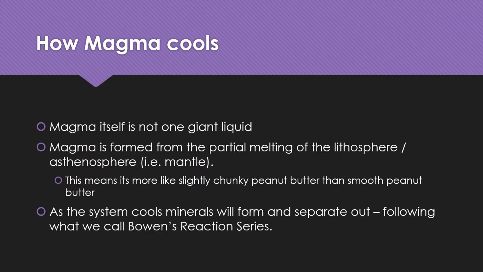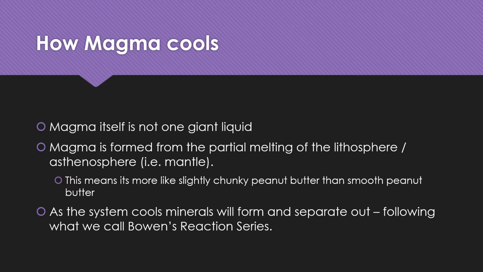So magma itself is not one giant liquid. Magma is formed from what we call partial melting of the lithosphere or asthenosphere, which many of you know as the mantle. This means that it's not entirely liquid. It's only slightly liquid. So think more along the lines of chunky peanut butter.